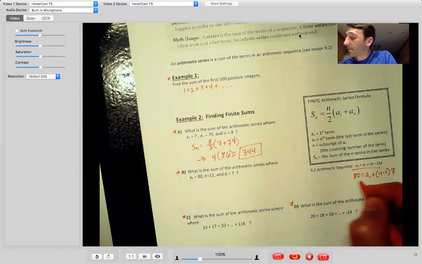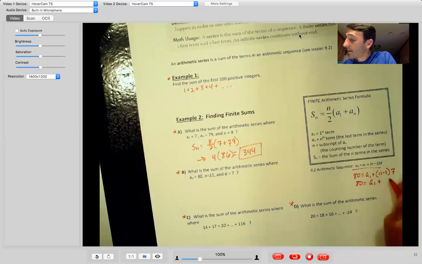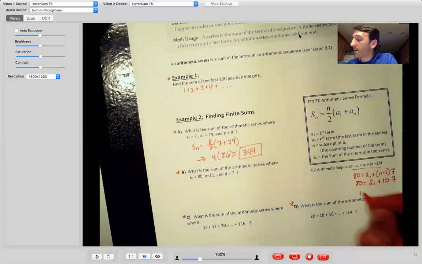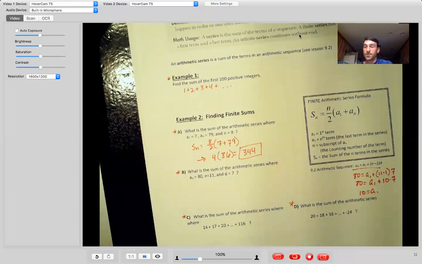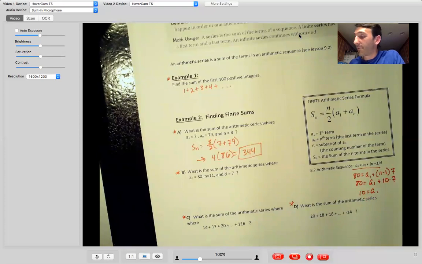That gives us 80 equals a sub 1 plus 10 times 7, which is 70. Subtract 70 from both sides, and we get 10 equals a sub 1. Sometimes you have to do a little bit of algebra to figure out that missing variable.